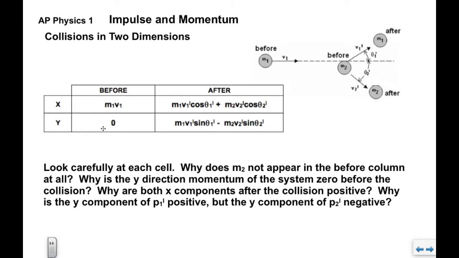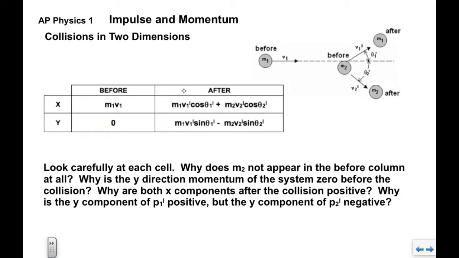It's a stationary target, so it doesn't have any momentum to contribute to the system before the collision. When we look at the y direction before, this is 0 because the motion of m1 before the collision is purely in the x direction.